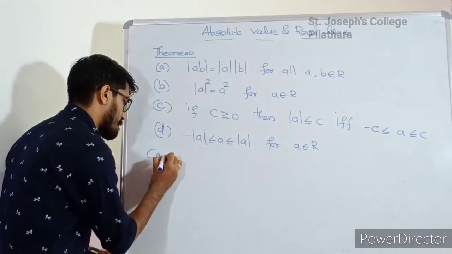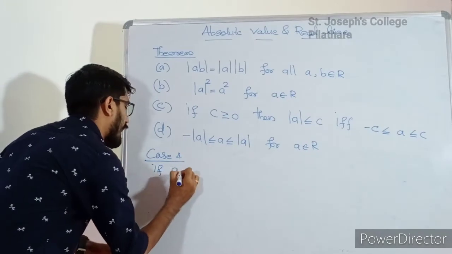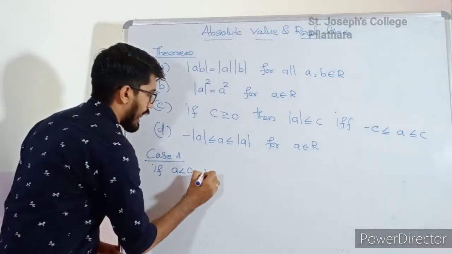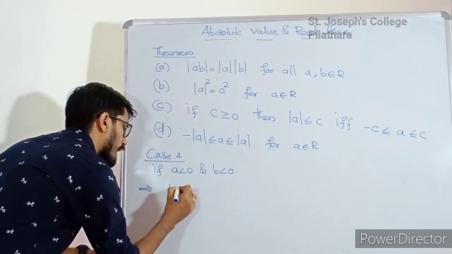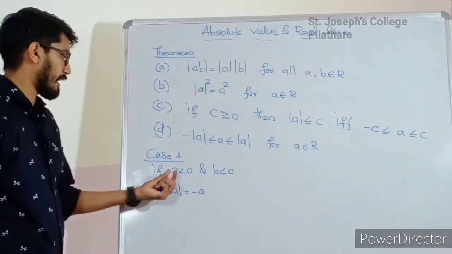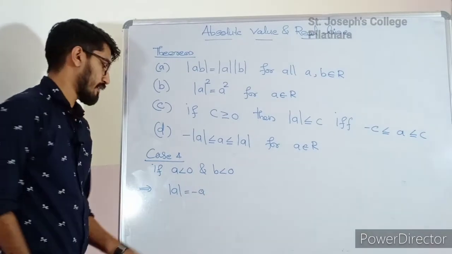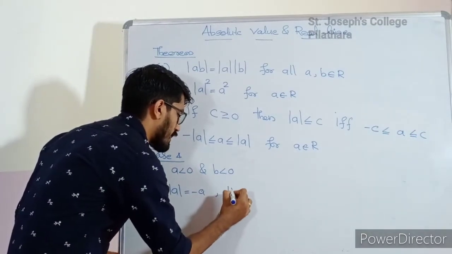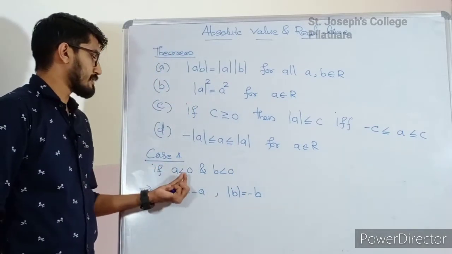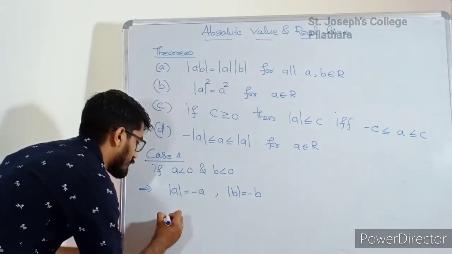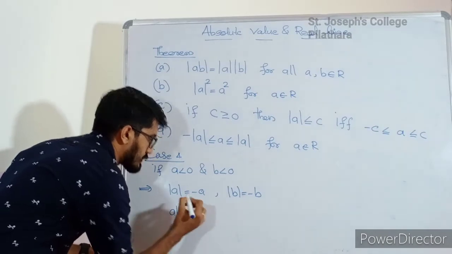On to the case 4. If A less than 0 and B less than 0, this implies modulus of A is equal to minus A. A less than 0 means A is negative, therefore modulus of A is equal to negative of A, modulus of B is equal to negative B. If A less than 0 and B less than 0 implies AB is greater than 0.